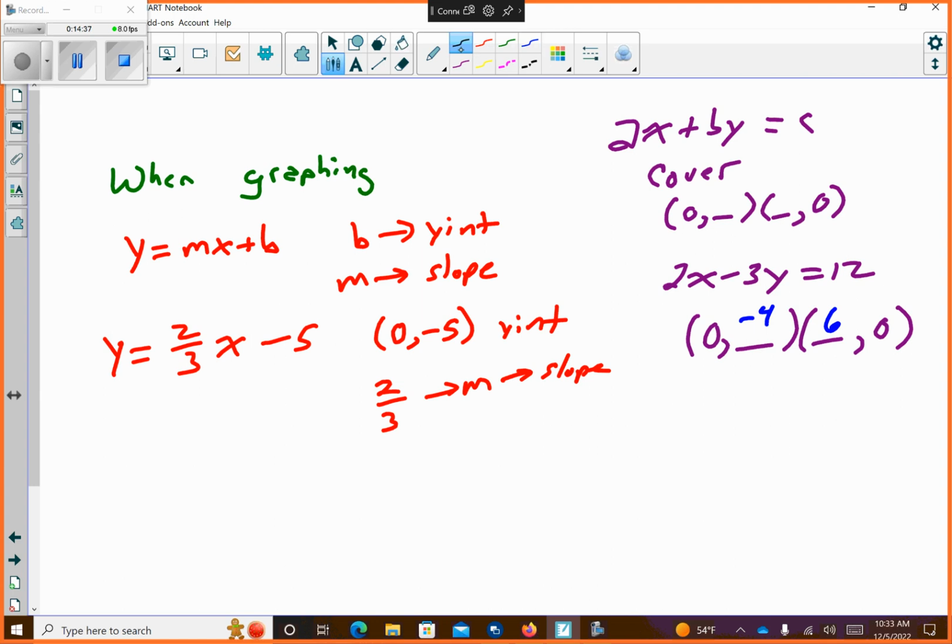And the one that we don't use all that often is when it's set up like this. Okay, where you plot the point x1 comma y1, and then you use the slope.